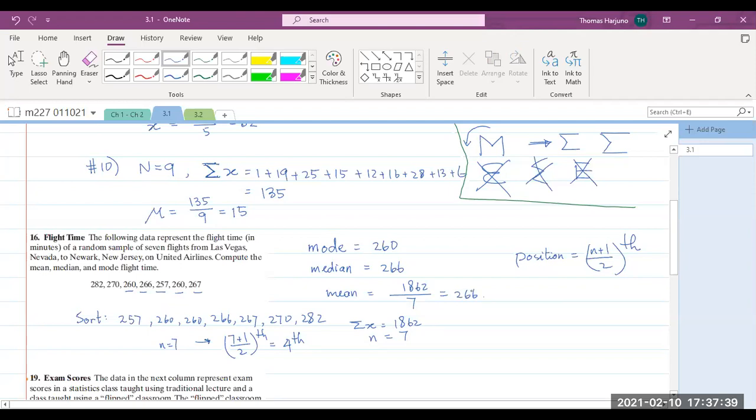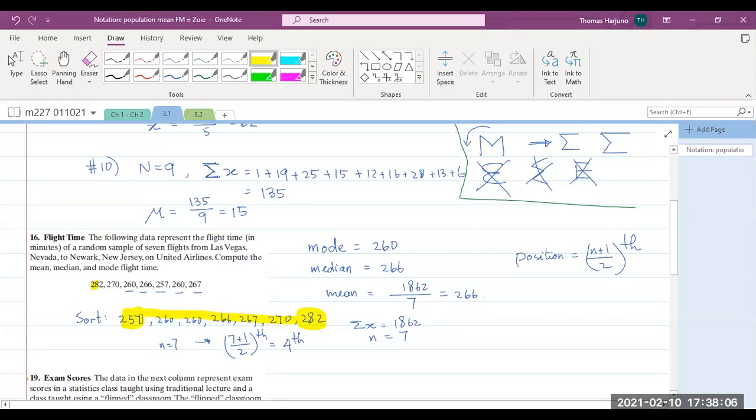Now, do you notice that earlier, when I used 4,800 something divided by 7, I got 694? How did I know that it must be wrong? Well, because the mean must be a number between the largest and the smallest. The largest number is 282, the smallest is 257, so the mean must be somewhere in between.